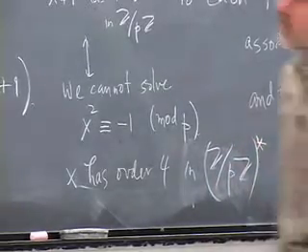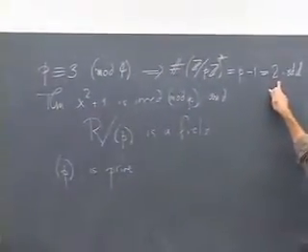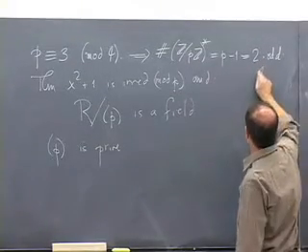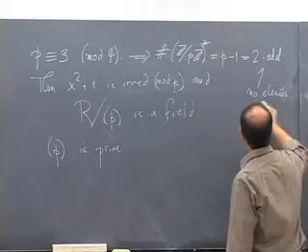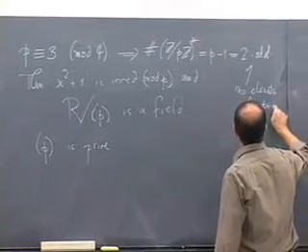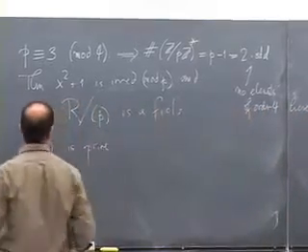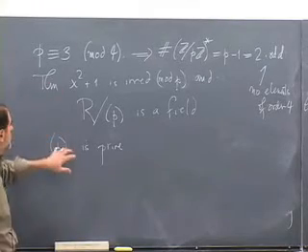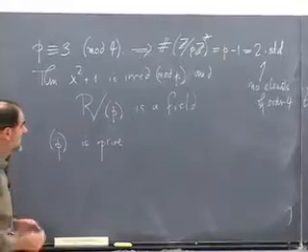And when P is congruent to 3 mod 4, you don't have any elements of order 4 in this group because 4 doesn't divide the order of this group. The Sylow 2 subgroup has order 2. So no elements of order 4. So in particular, there are no roots to this equation. So for every prime congruent to 3 mod 4, there's a unique prime in the Gaussian integers, and it's just that rational prime. Okay, that's that.